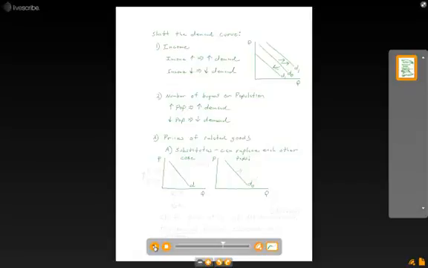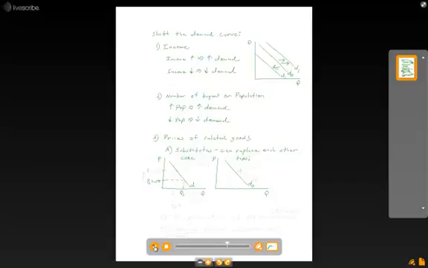Now you notice the D naught. I want to see if we have a change in the price of Coke, how is that going to affect the demand for Pepsi? So let's say we start out with an initial price of Coke being 50 cents per can. And right now, the corresponding quantity demanded of Coke is going to be Q naught, however many millions of cans that might be.